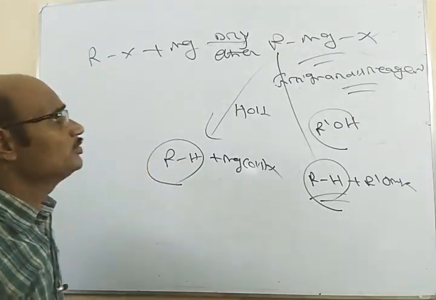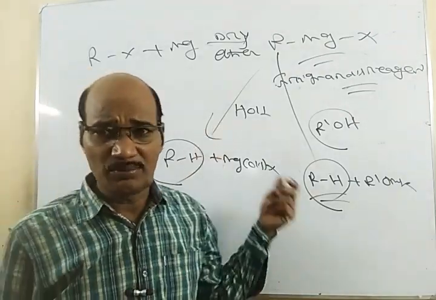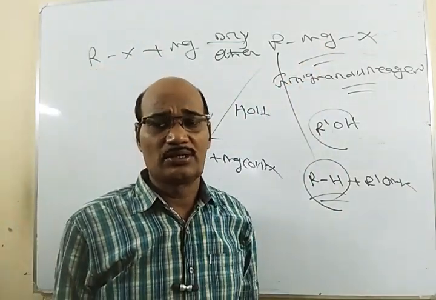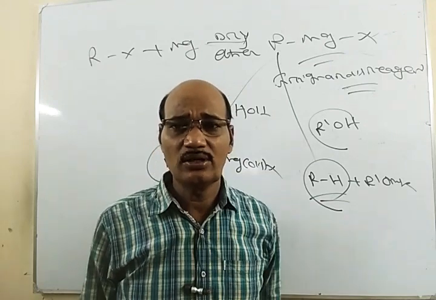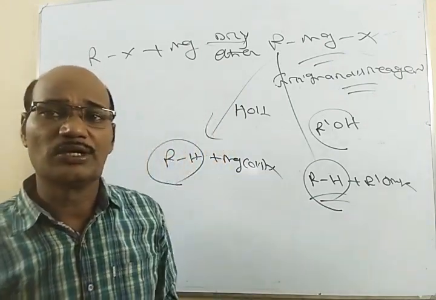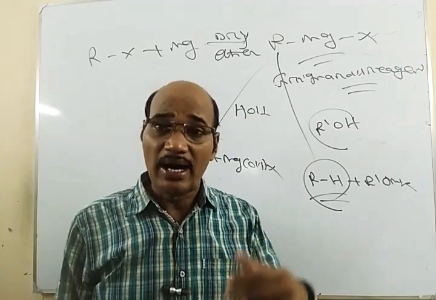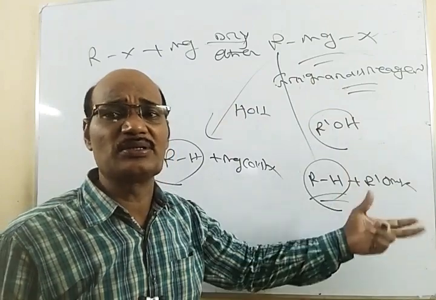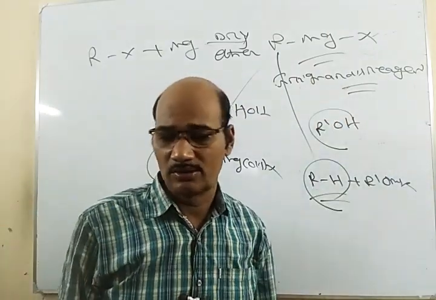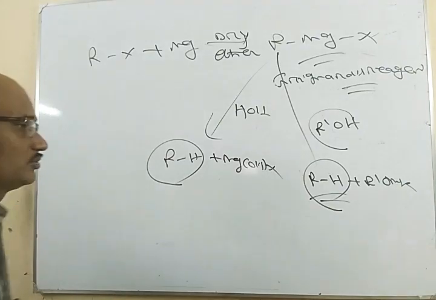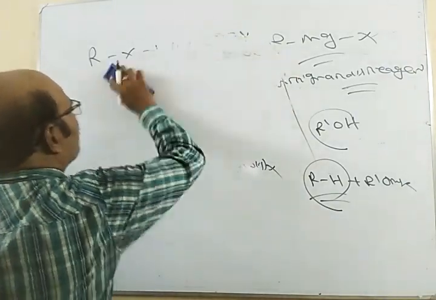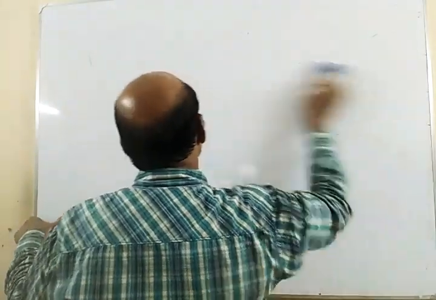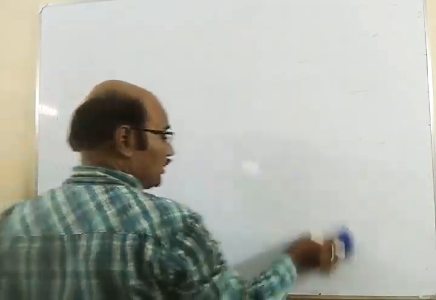If you take formaldehyde with this Grignard reagent, you get a primary alcohol. Take other aldehydes, you get a secondary alcohol. And if you take ketones, you get tertiary alcohols. You can also prepare carboxylic acid. Many applications are there of the Grignard reagent. So these are some typical reactions of haloalkanes.